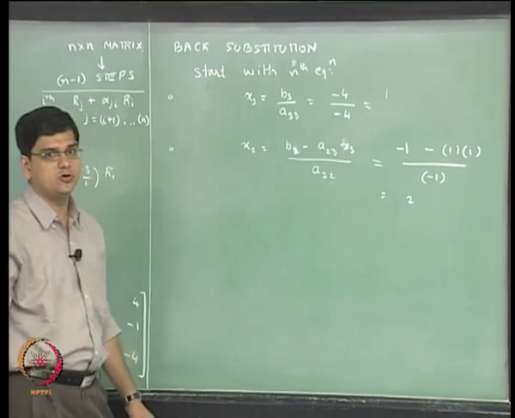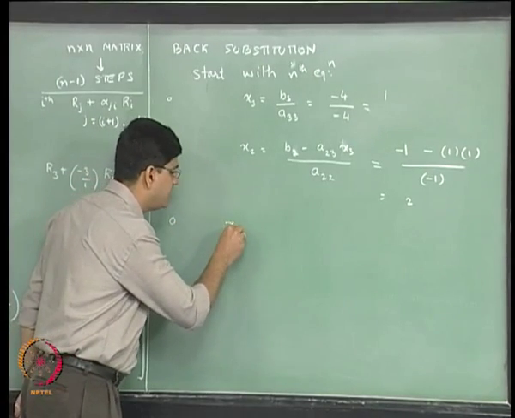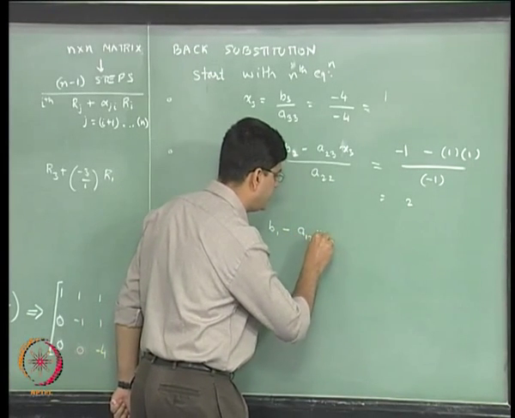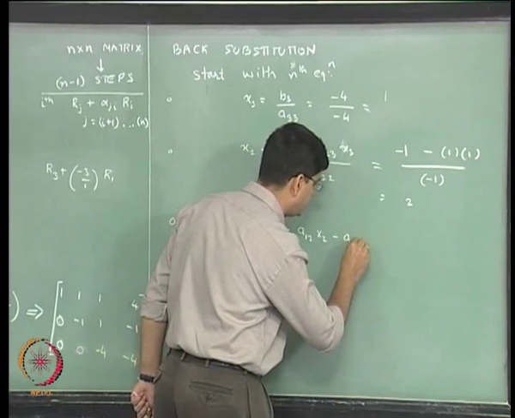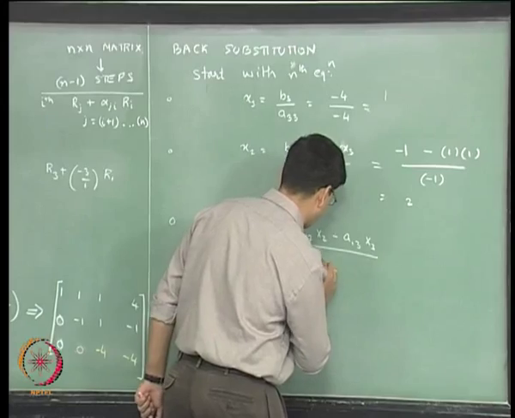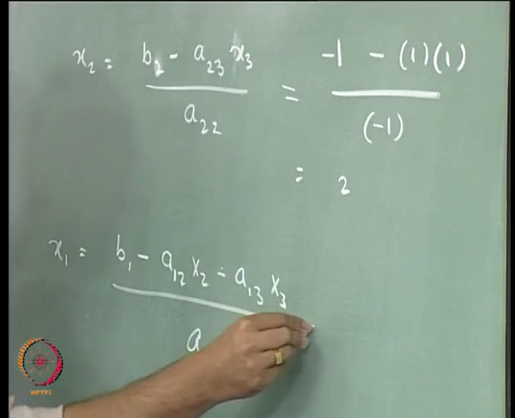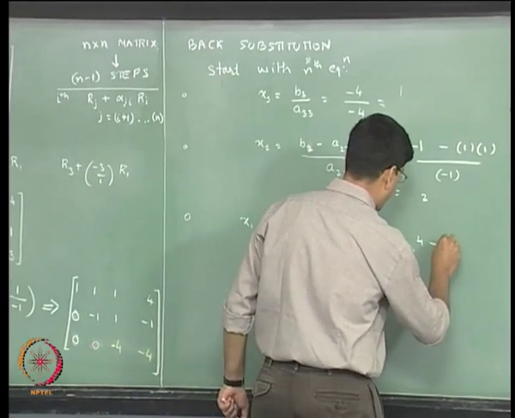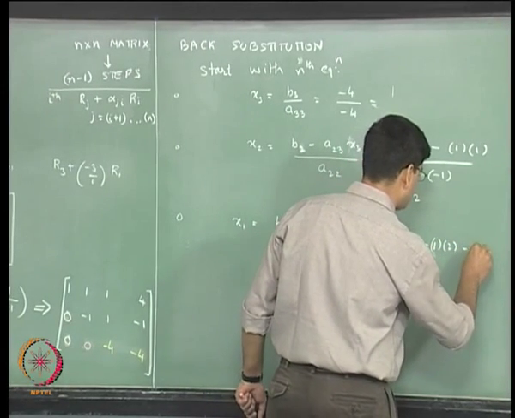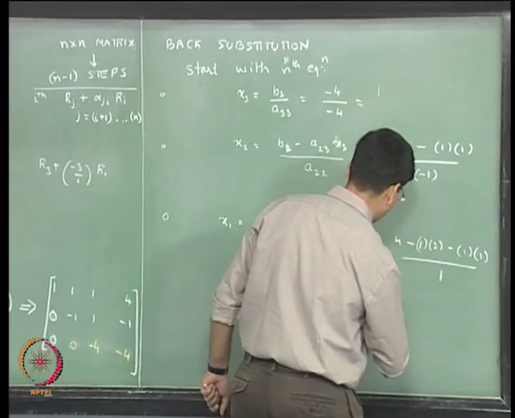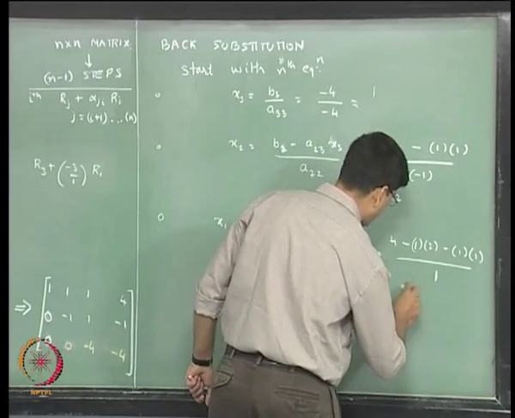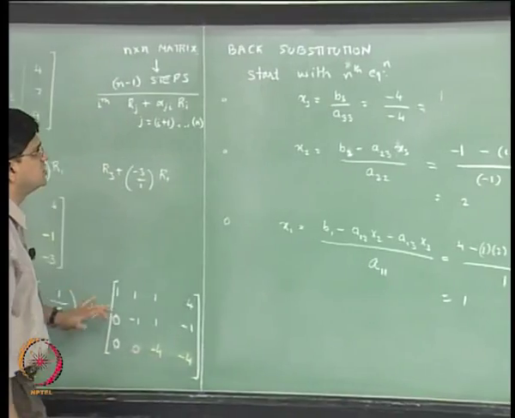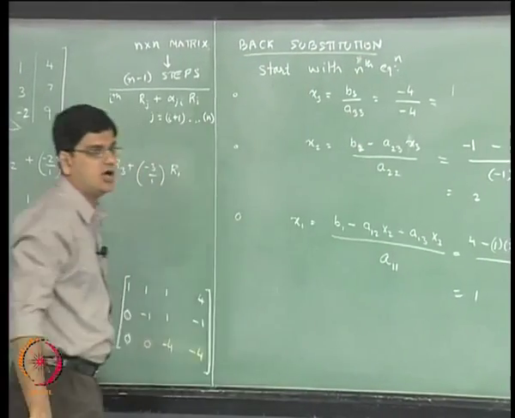So we will get x2 equal to 2 in the second step, and in the first step we will get x1 equal to b1 minus a12 x2 minus a13 x3 divided by a11, which is going to be equal to, in this particular case, 4 minus 1 into 2 minus 1 into 1 divided by 1, which is 4 minus 2 minus 1, that is 4 minus 3 equal to 1, and that is the value of x1.